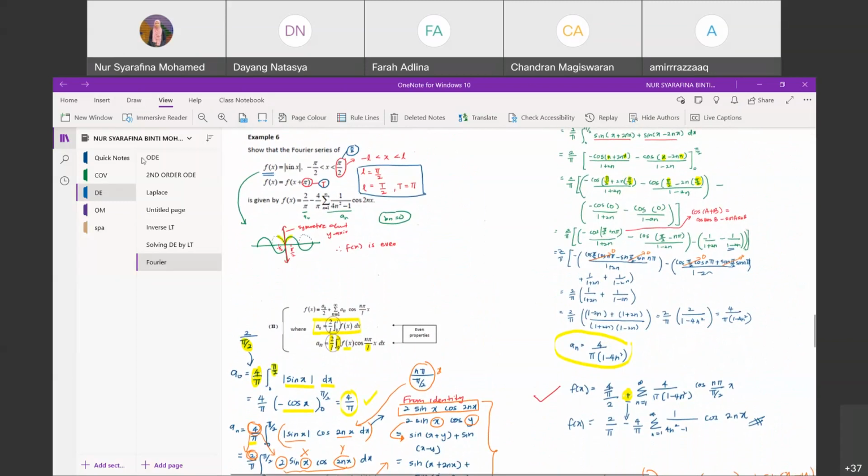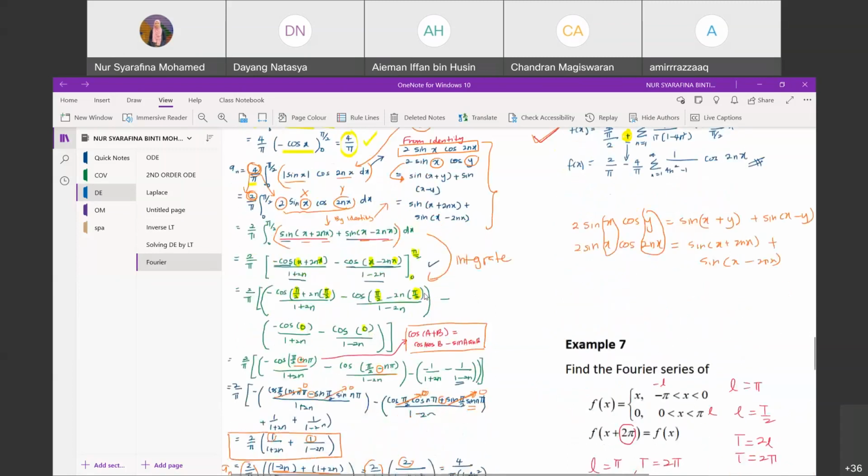Okay, try to understand this first. If you have a problem, you can ask, right? I hope everyone can try to do it again on your own and compare with the answer given here. Okay, so now let's proceed with another example.